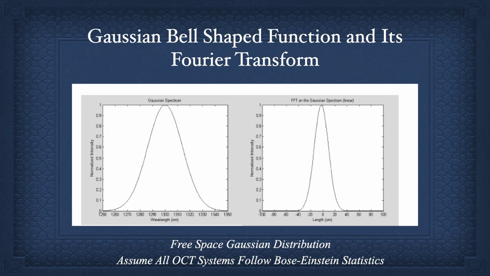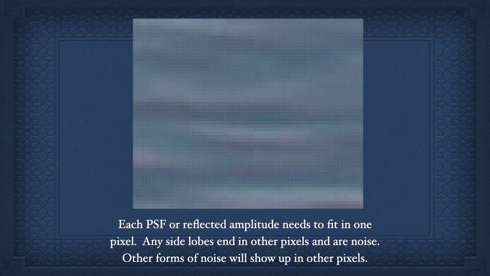Now, we generally use Gaussian sources because the Fourier transform of a Gaussian source is Gaussian. So there's no side lobes. And that becomes important when we plot. And the statistics of all our sources are going to be Bose-Einstein statistics, giving us Gaussian waveforms. Even though we're using a laser, there's a reason why these aren't Poisson distributions.